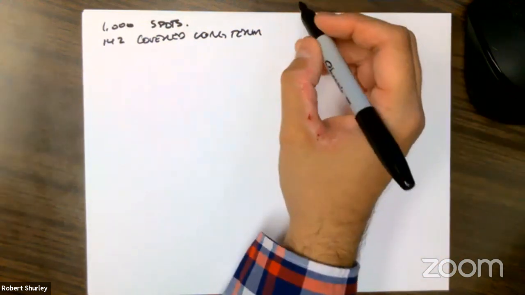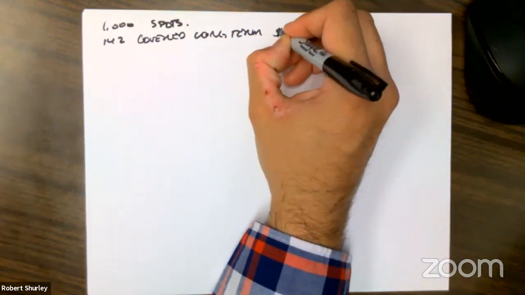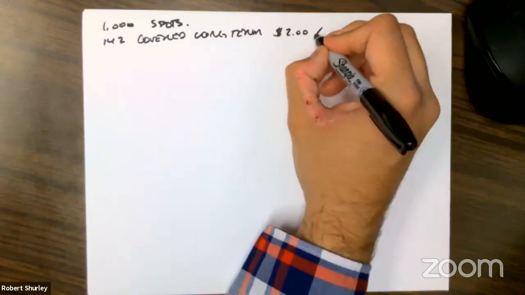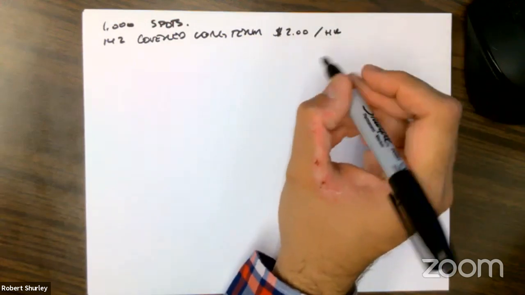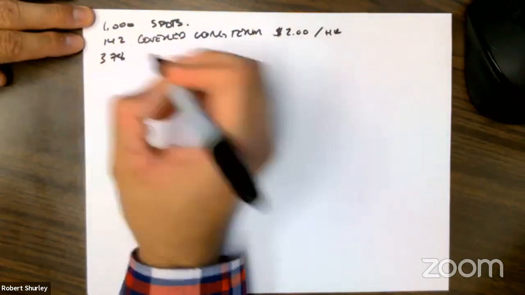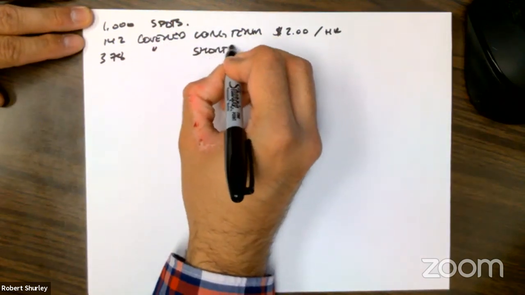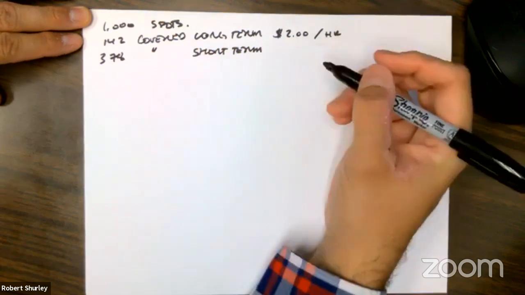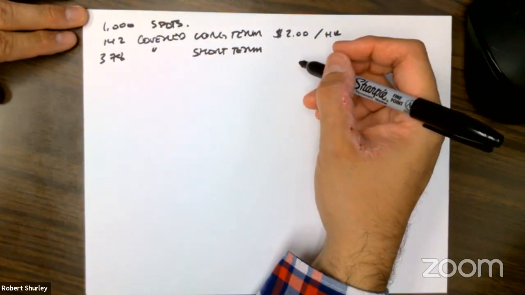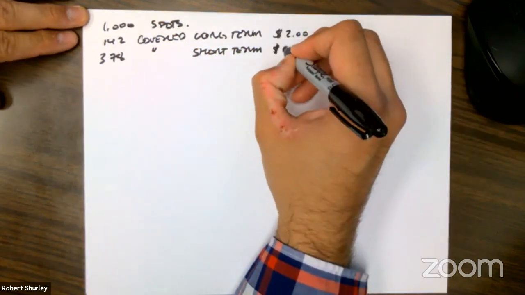And that covered long-term, and they're $2 per hour. Okay, 378 are covered short-term, and they are $4.50 an hour.